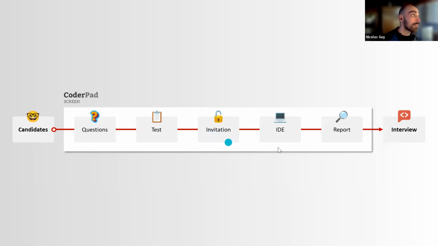They will gain access to a dedicated environment. And at the end of the day, when candidates have finished the test, you will receive some reports. And those reports will give you, again, insights about what the skills of these candidates are. So that's Screen in a nutshell. It is the first step of the interview process, and it's designed to be a very quick and efficient way to gain insights.